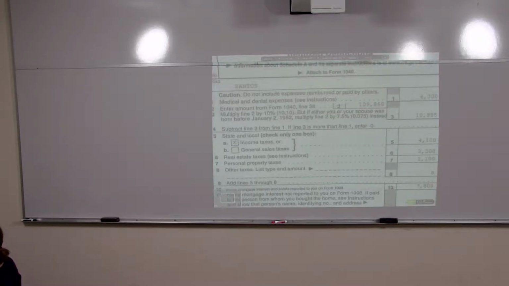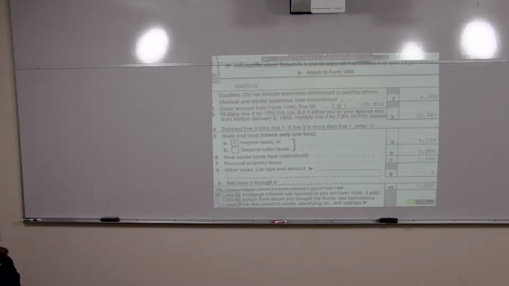I see this every semester. Note, this is only state income taxes. You cannot deduct federal income taxes. Only state income taxes. So this $4,100 is her state withholding of $3,100 plus $1,000 of estimated payments, which gets us a total of $4,100.